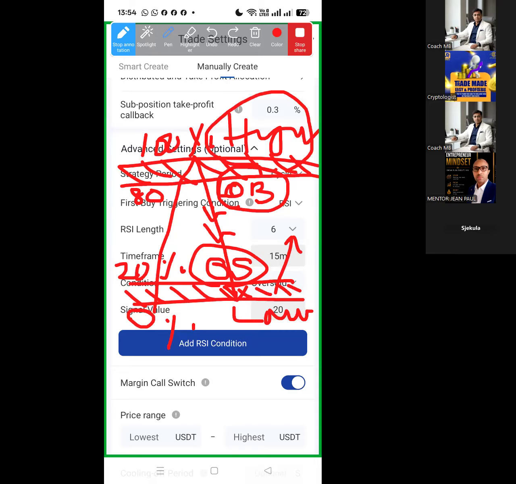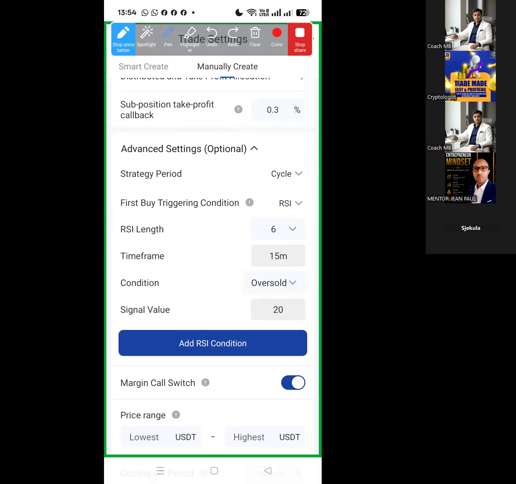You will not wait for the market to come down, and you will start selling once it enters the above 80% overbought area. And suppose you want to buy and enter in this coin, you will always wait for the market to come at least in the oversold area, and that will give you a lower price in the market, right?